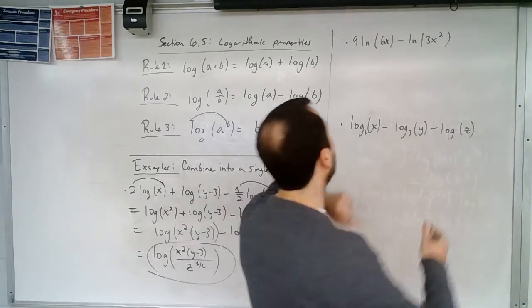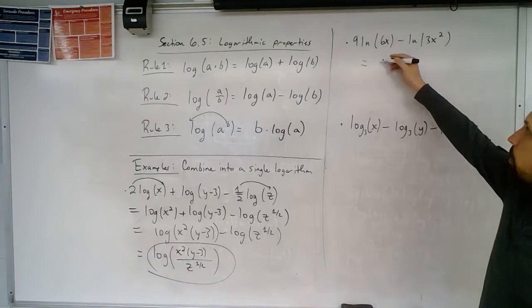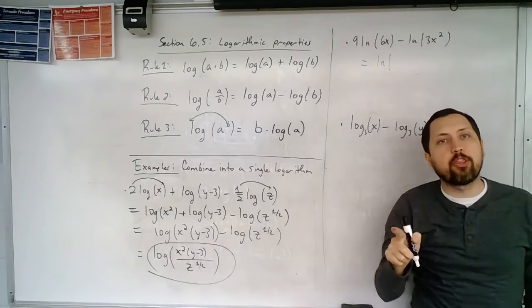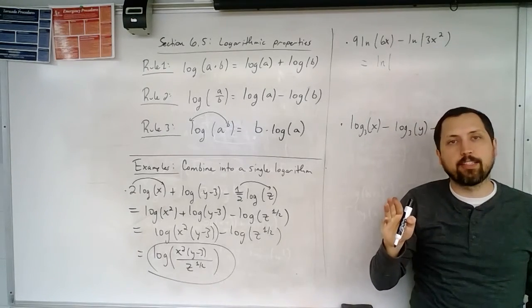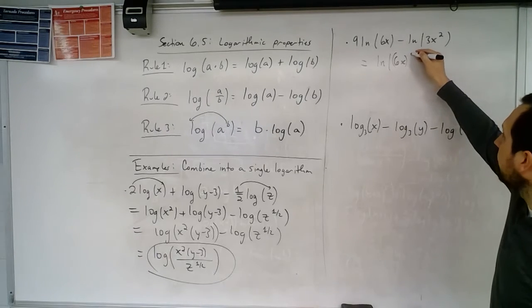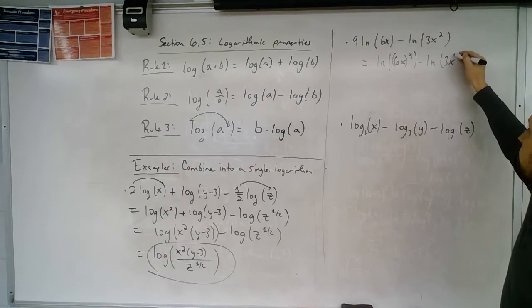So take a look at this example. Again, the first thing we have to do is we have to move these exponents up top. So I have natural log, but remember the whole thing is raised to the exponent. So I have 6x, that whole thing is raised to the 9, minus natural log of 3x squared.